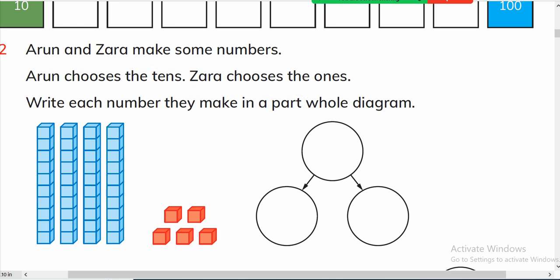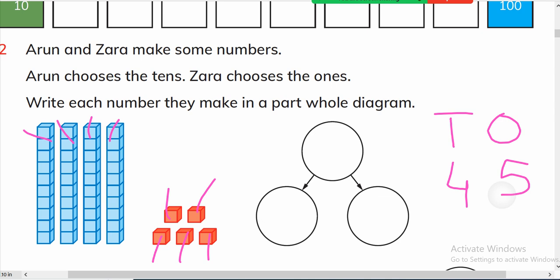What does Aaron choose? Aaron chooses 1, 2, 3, 4 tens. In tens and ones, Aaron chooses 4 tens. And Zara chooses 1, 2, 3, 4, 5 ones. So what is the number? It is 45.